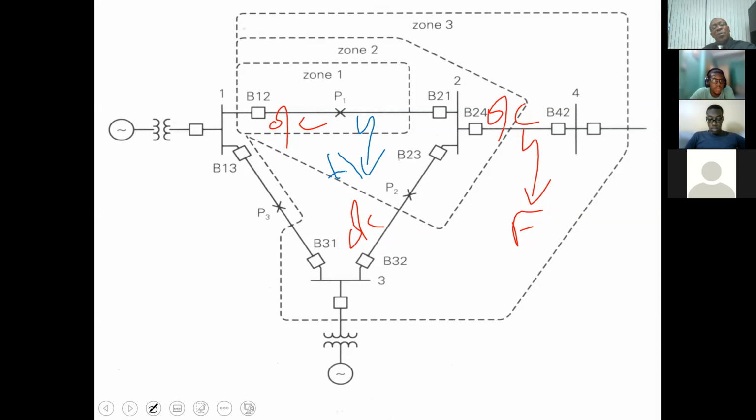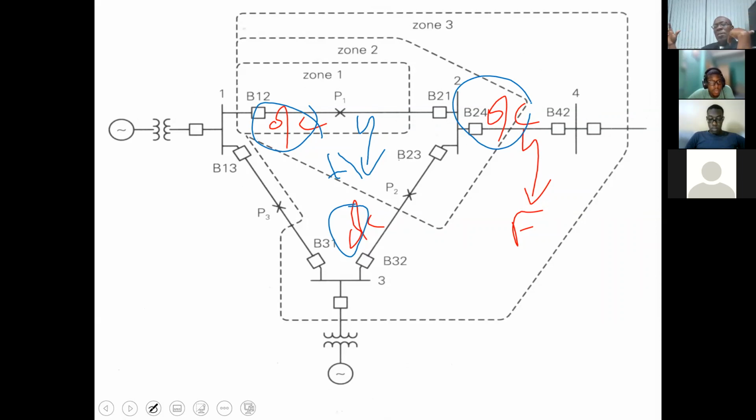Because what you would have to create, you would have to coordinate this relay with this relay, with this relay, for all 3 relays to understand what would happen if you have a fault on 2 to 4, as against 3 to 2, as against 1 to 3, as against 1 to 2.